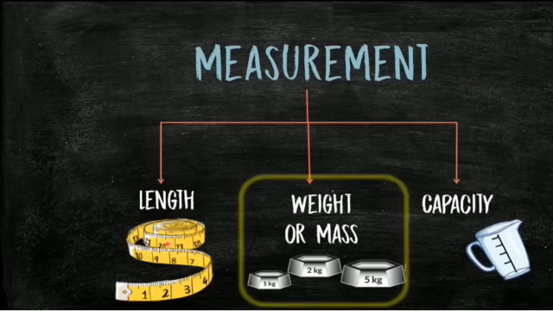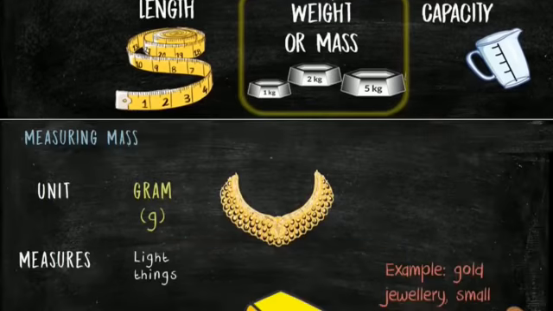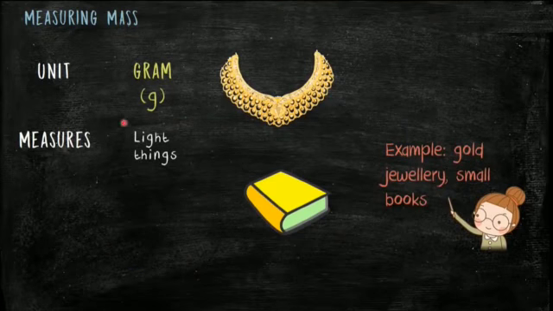Now we saw the measuring units of length and capacity. Let's see the measuring units of weight or mass. To measure mass or weight, the first unit we use is gram, which can be denoted as G or GM.